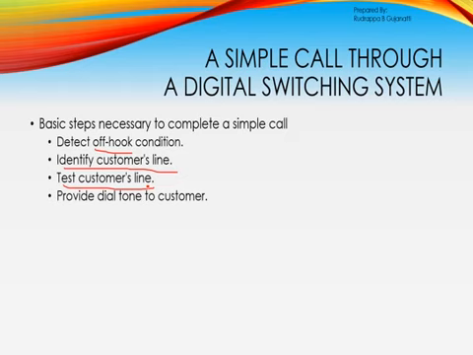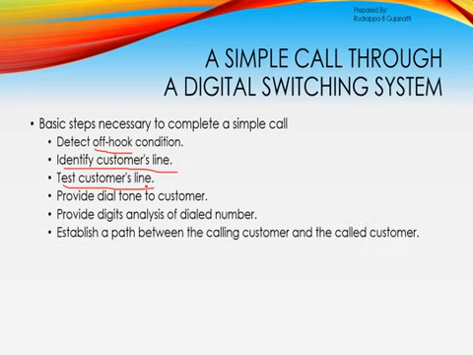In our example, when person A lifts the phone and is able to hear the dial tone, it is an indication that his phone is up and running. Once the dial tone is provided, the intermediate devices, for example the interface controller connected to the line module, have to wait for analysis of the digits being dialed. So we should have a digit receiver there. Next, we have to provide the digit analysis for the dialed numbers.